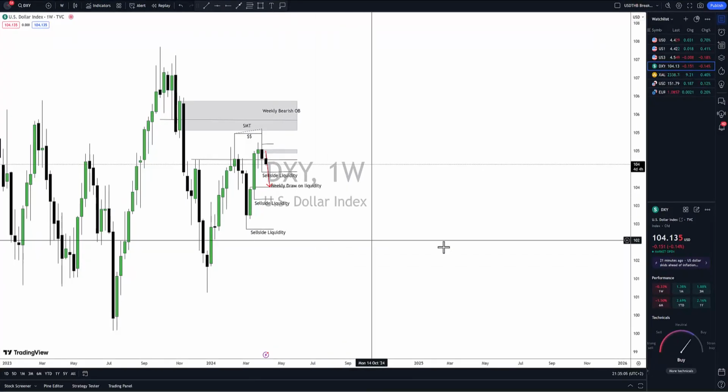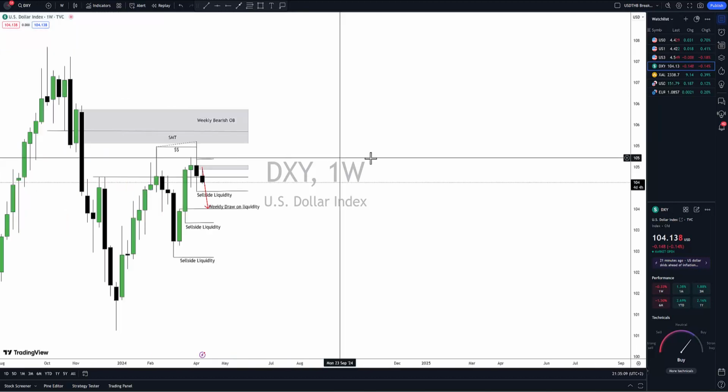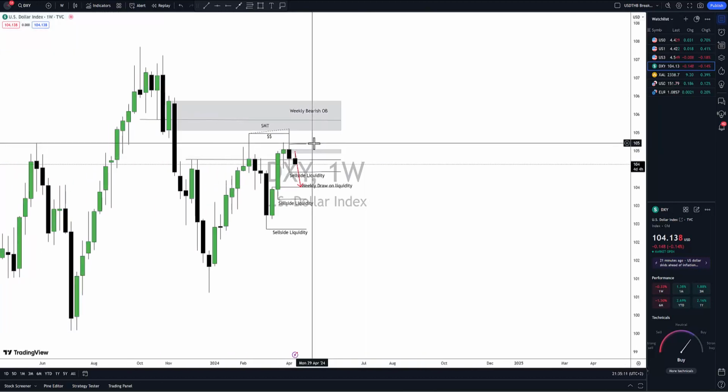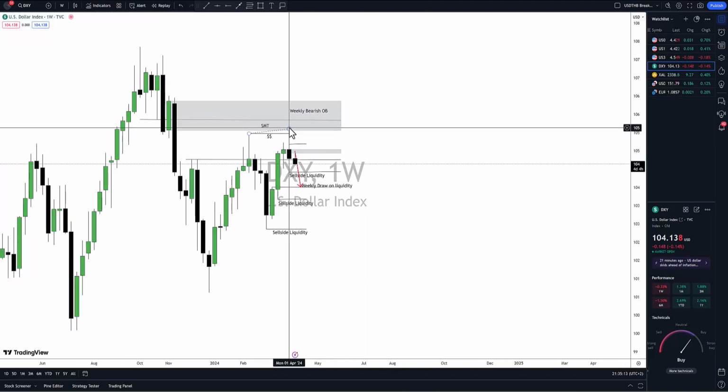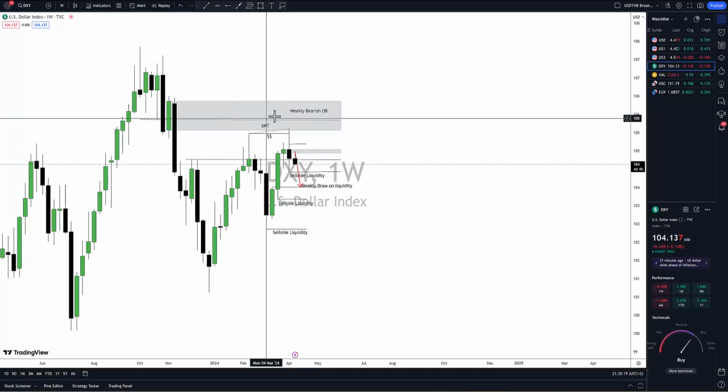But if I go to TradingView, you can see there last week created a new high, traded above an old high, running buy side liquidity before market moved lower.